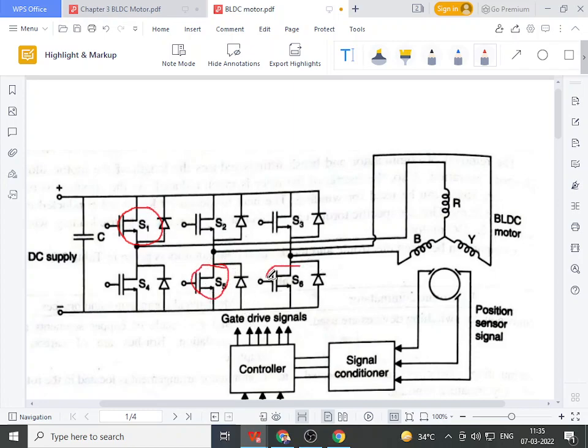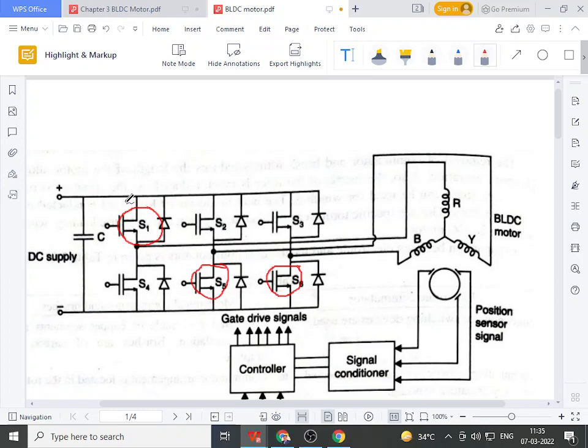What will be the flow of current? If S1 is on, the R phase stator winding is connected to the first vertical leg, so the R phase is connected to the positive side of this DC supply.